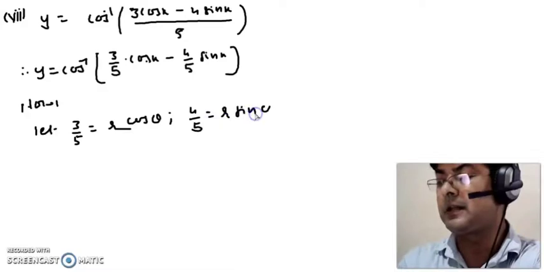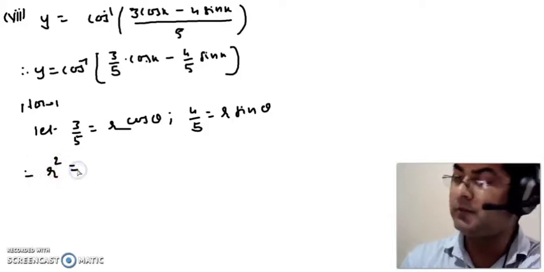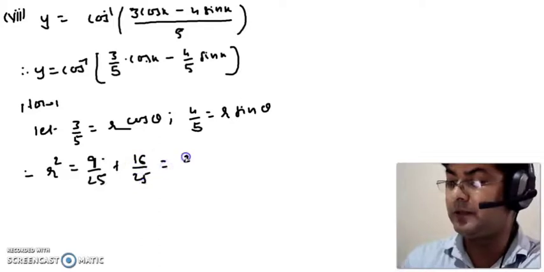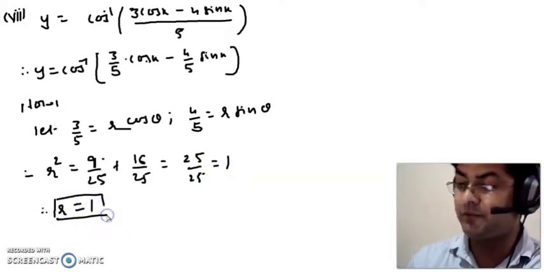r sin theta, and therefore r square will be equal to 9 by 25 plus 16 by 25 is equals to 25 upon 25 is equals to 1, and therefore value of r will be 1.